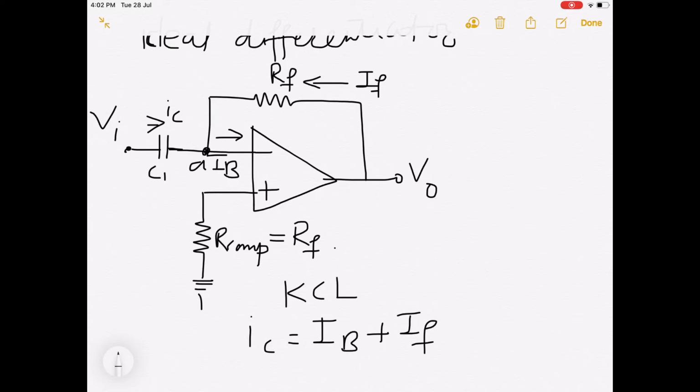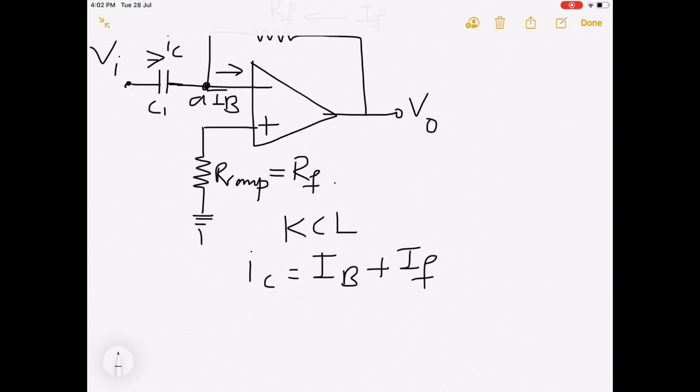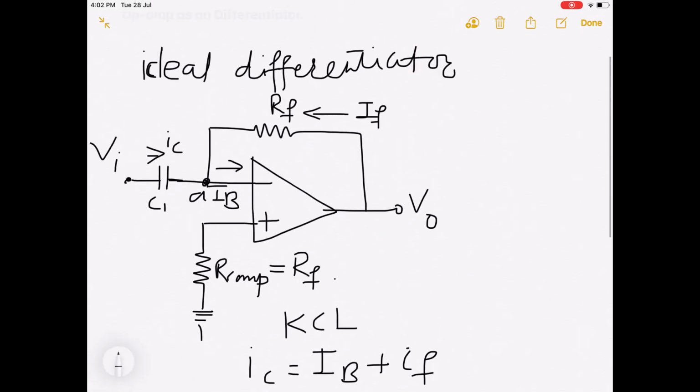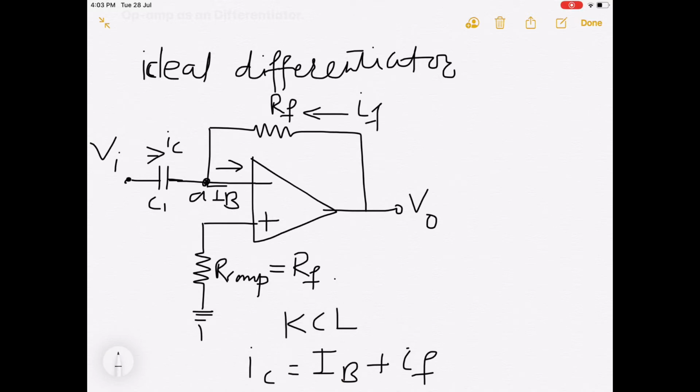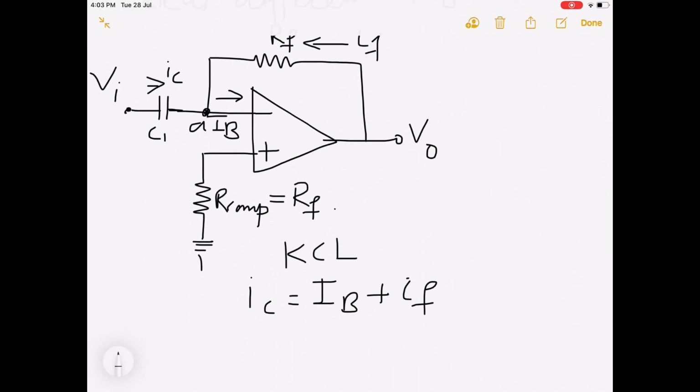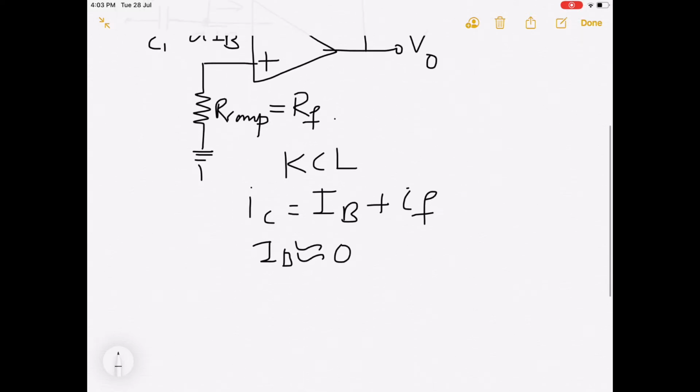Here we are taking IF for calculation purposes, and in the feedback path also we are considering it as IF. Now, as we know, IB is approximately 0 because the input impedance of the op amp is very high. That is why the equation becomes IC is equal to IF.